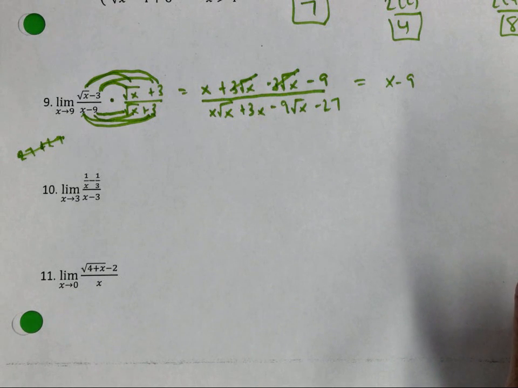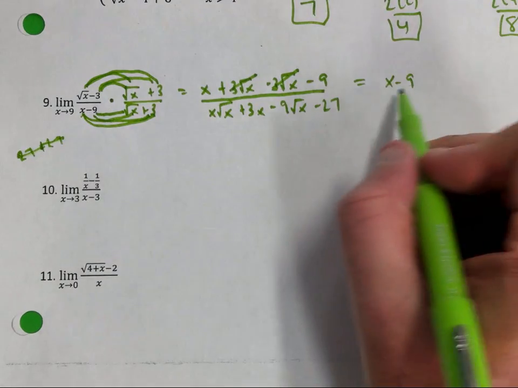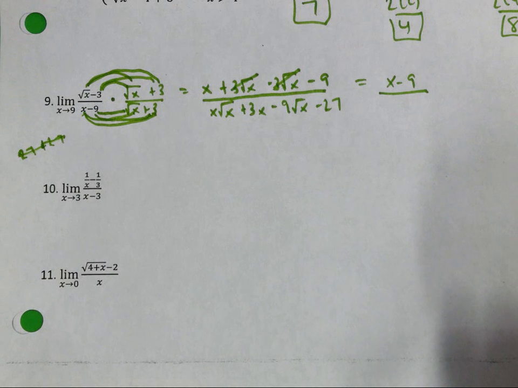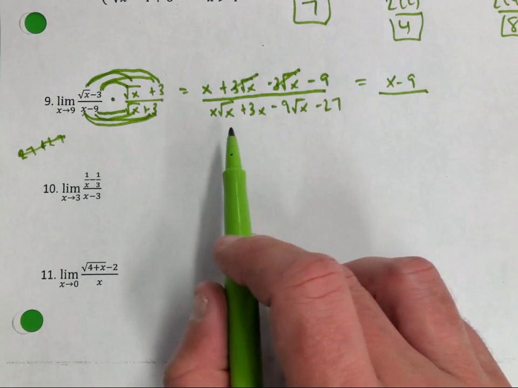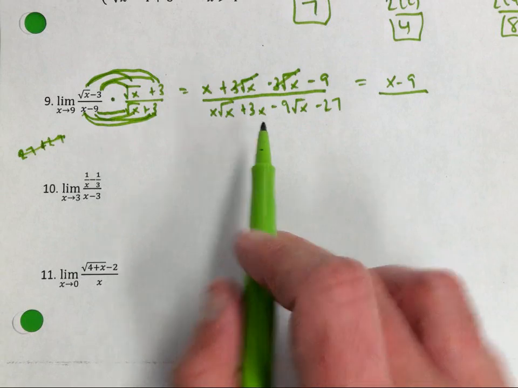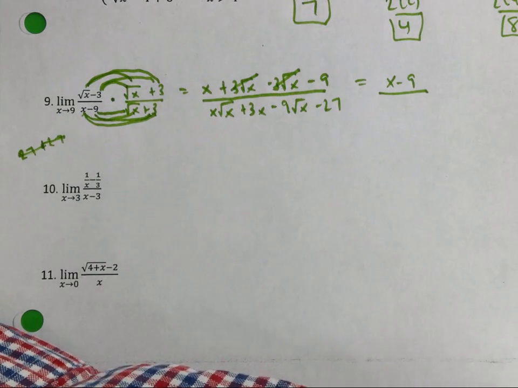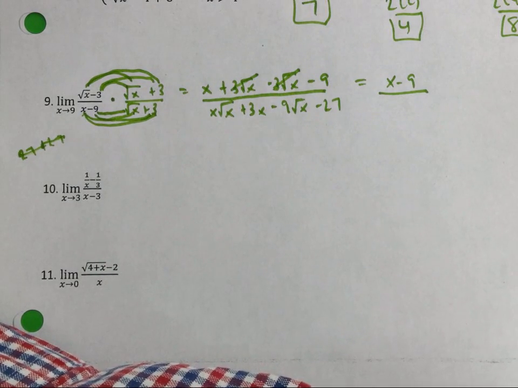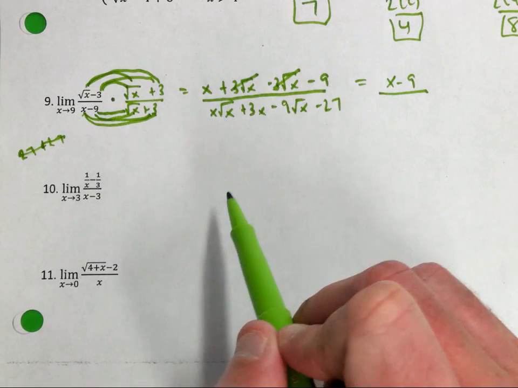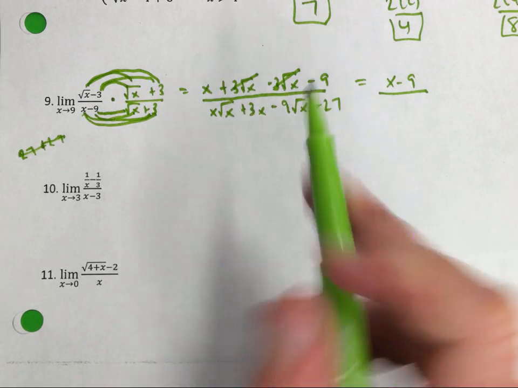Well, I've already used my rationalizing, so I'm going to try to factor something here. If I look down here, I could do grouping, but let's see here. Take an x out. Do you think we need to move some stuff around? I kind of would want to get these square root of x's together and then get that 3x and negative 27.